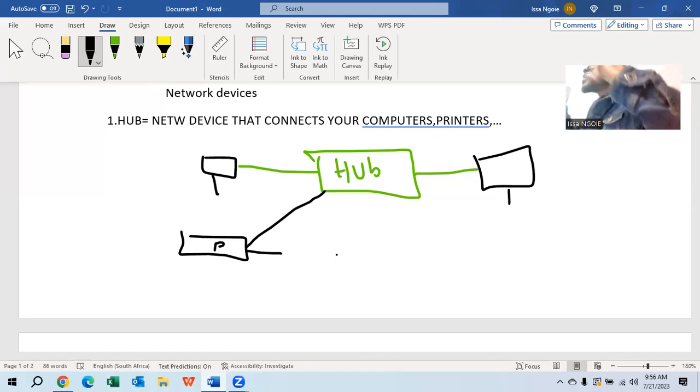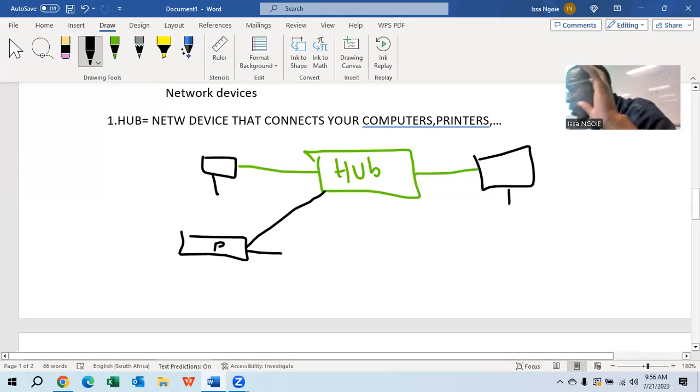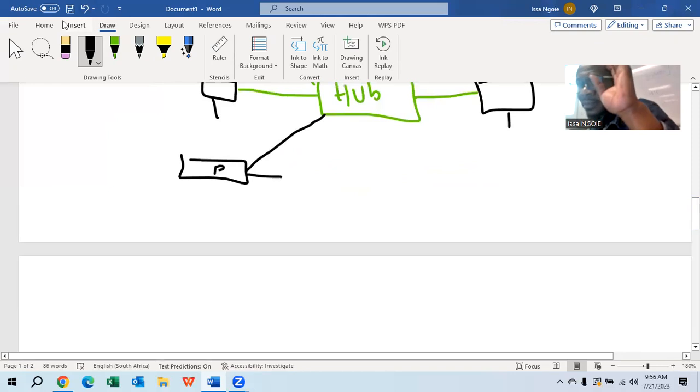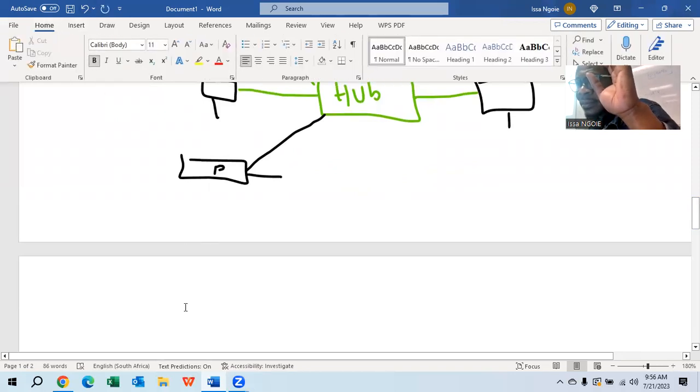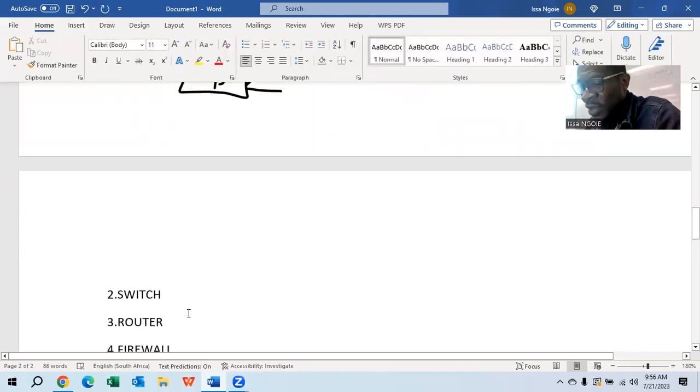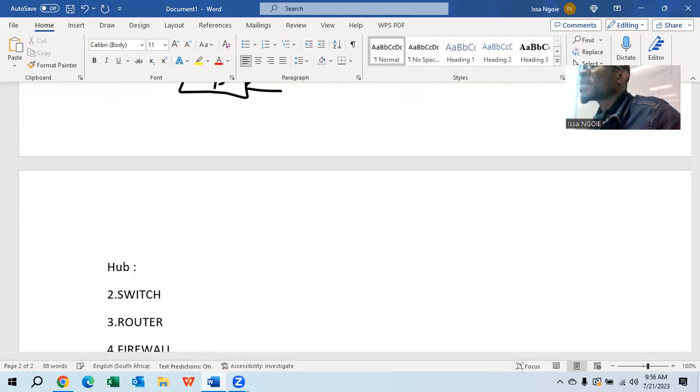What you have to understand about a hub, because you can pick up a question from here, is that the hub is very cheap and easy to configure.